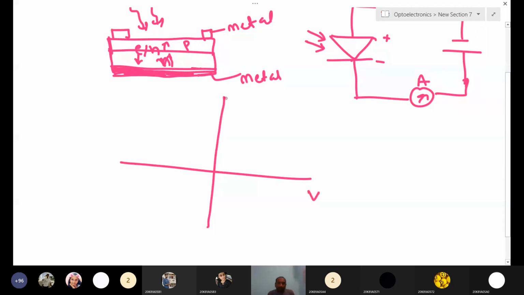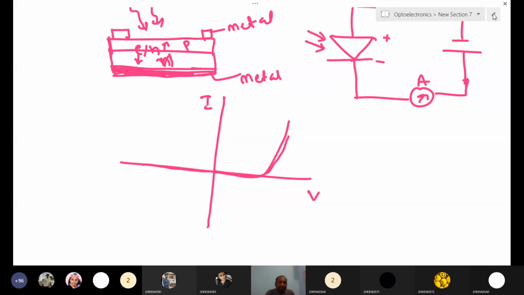This is forward, so we are applying some voltage like a simple forward bias. If you sweep the voltage, the current will look like this. I will take a different color, then it is convenient for you.